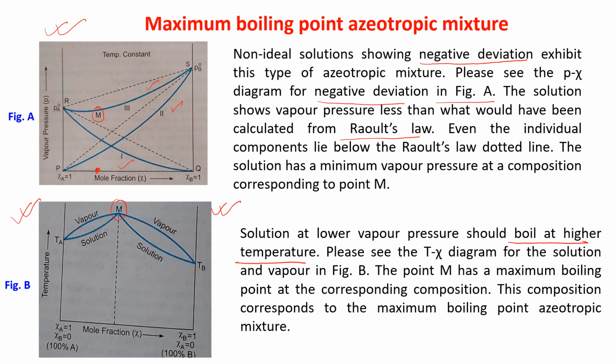So in this particular composition, it has a maximum boiling point. And M is the point where the boiling point of the vapor and the boiling point of the solution for that particular composition of A and B are the same. And so it is forming an azeotropic mixture. This composition corresponds to maximum boiling point azeotropic mixture. I hope it is clear to you.